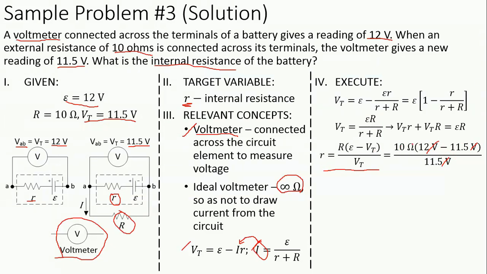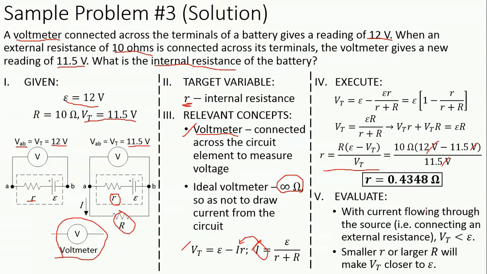So the internal resistance turned out to be 0.4048 ohms. Again, as always, before ending this lecture video, let's discuss some relevant concepts about our result.